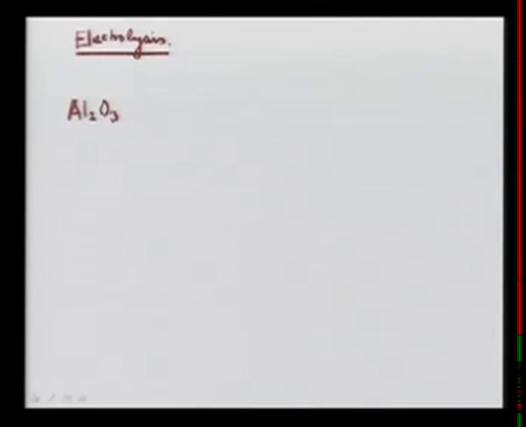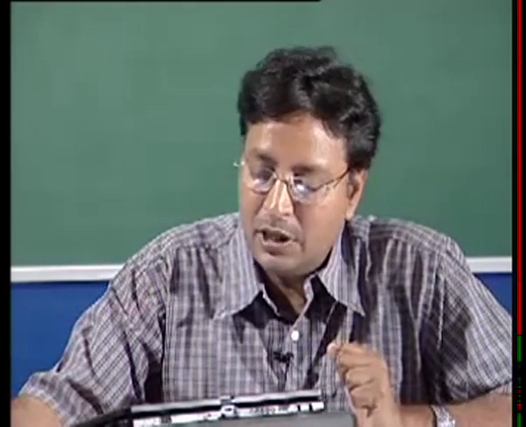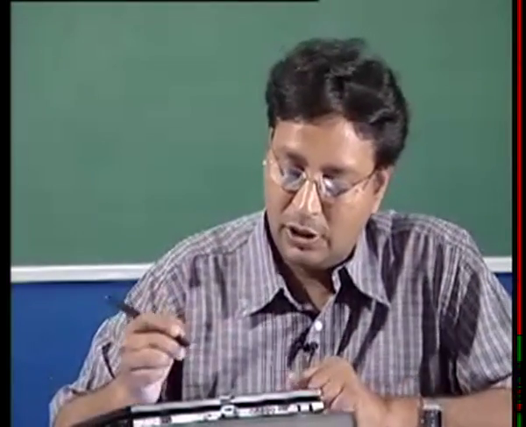This method was developed in 1886 by two gentlemen called Hall and Héroult. One was an American and one was French, and they didn't know each other. That's a little interesting part. Independently they produced this method where they could make the aluminium from alumina through electrolysis.